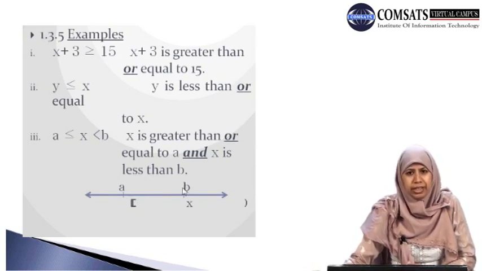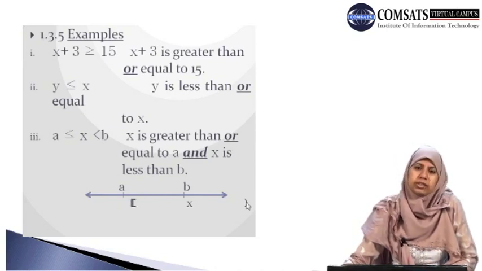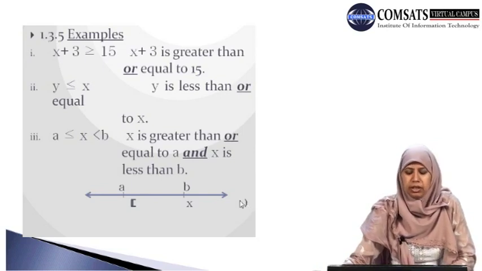But from the right side we can see there is a bracket which is open, and on the left side there is a square bracket, which shows that from the left side the quantity x is closed and from the right side the quantity x is open.